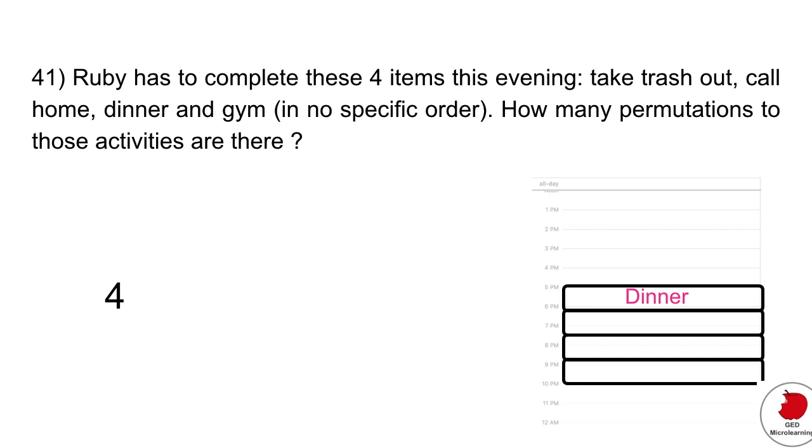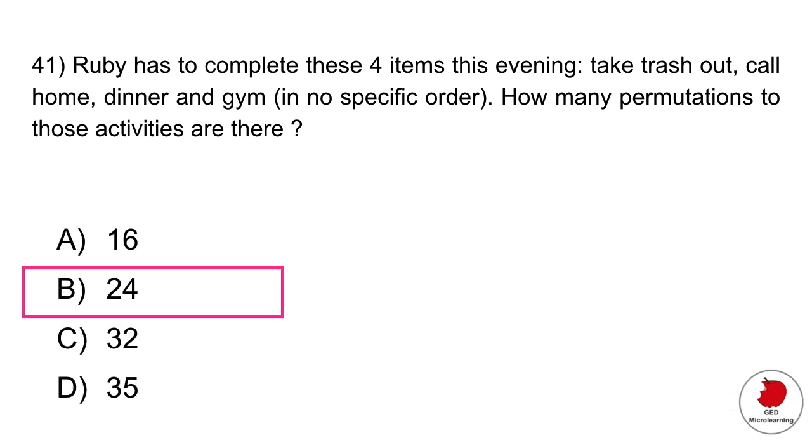Now they have 3 events left on their calendar, so we multiply by 3. Then they could call home, which leaves 2 slots on the calendar, so we multiply by 2. Then they could go to the gym, for example, and they have one slot left, so we multiply by 1 there on the left. That gives you 24. So 24 possible combinations of how to arrange these 4 items. That would be option B.